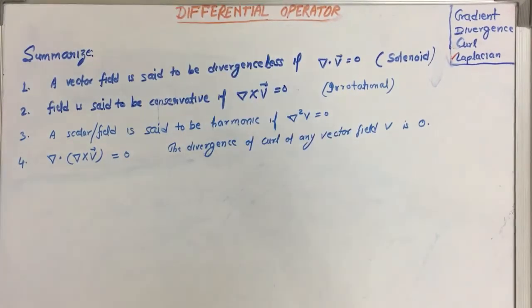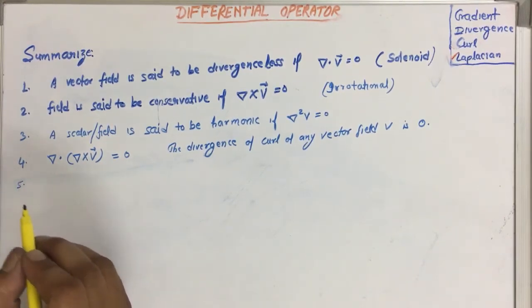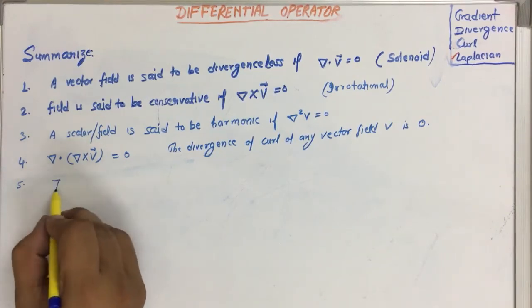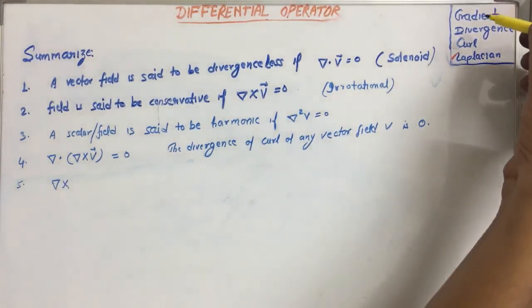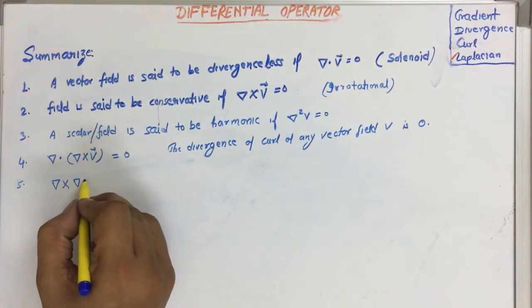The fifth point is the curl of the gradient of any field.